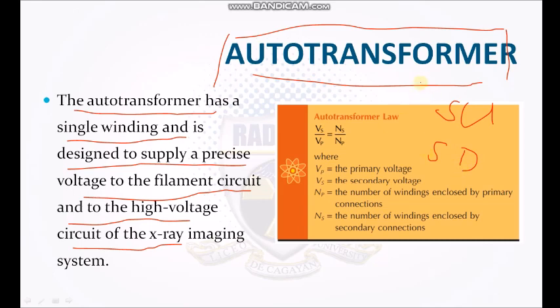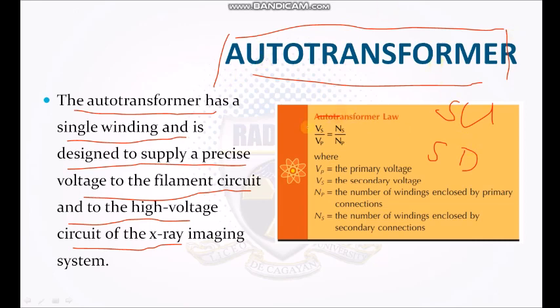So since the Autotransformer has only a single winding, then we can have different taps and different wires connected to the single winding, and then we can have the Autotransformer behave as a step-up transformer or as a step-down transformer.